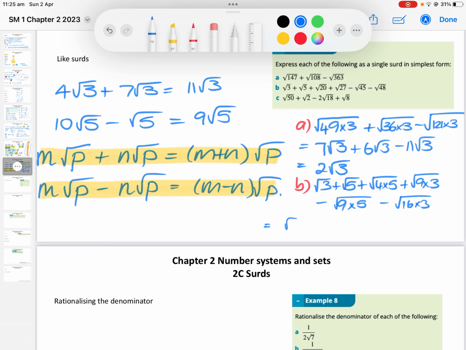So I'm going to get root 3 plus root 5 minus 2 root 5 plus 3 root 3 minus 5 root 3 minus 4 root 3. Like terms, root 3 plus 3 root 3 is 4 root 3. Take away 4 root 3 is nothing. And then I've got square root 5, take 2 square root 5 is minus square root 5.